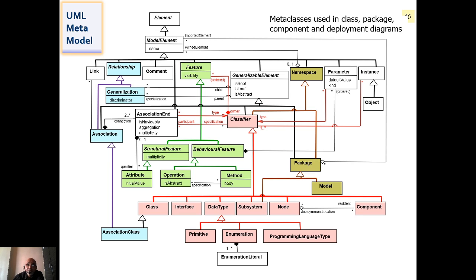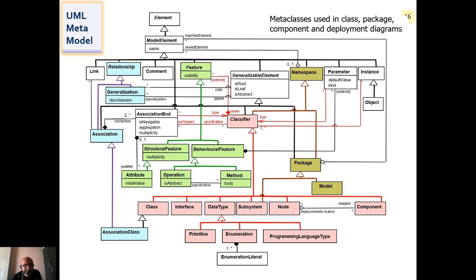So link, relationship, comment, features, generalizable element, namespace, parameter and instances are all model elements. And model element is an element, that is an imported element. This is how we can understand the UML meta model.